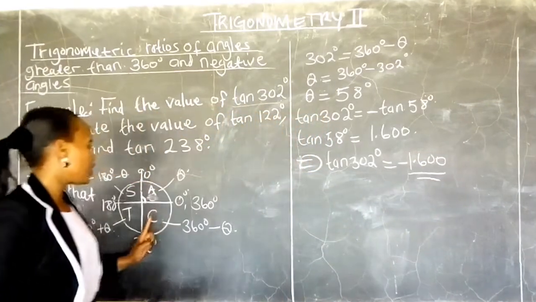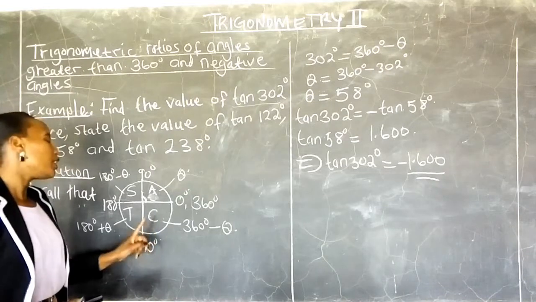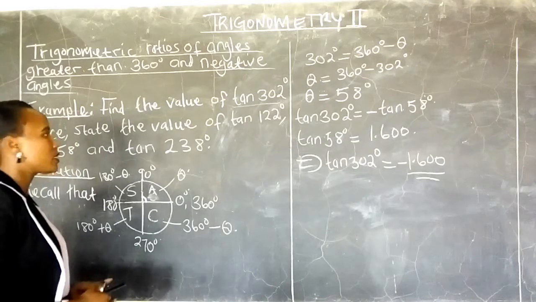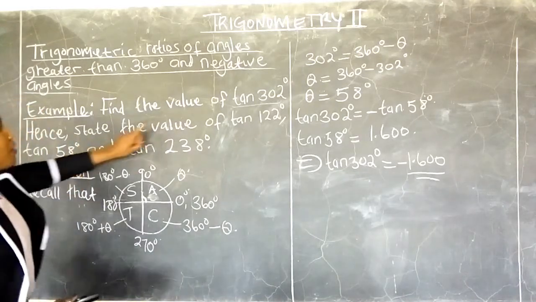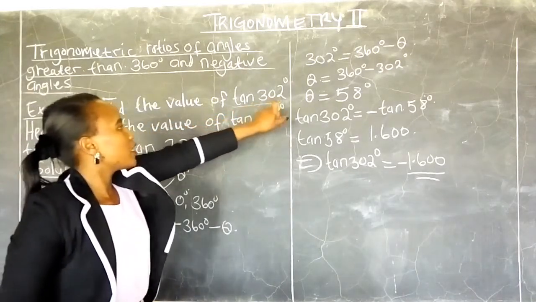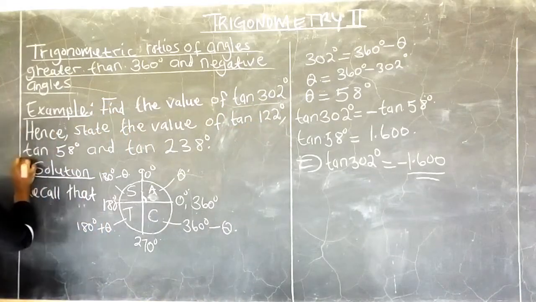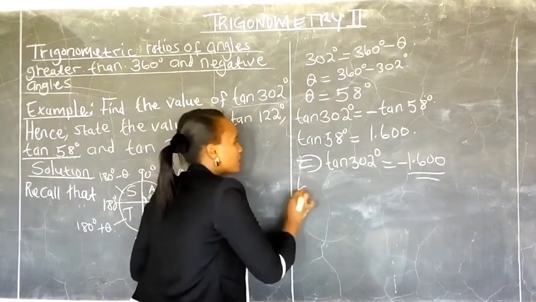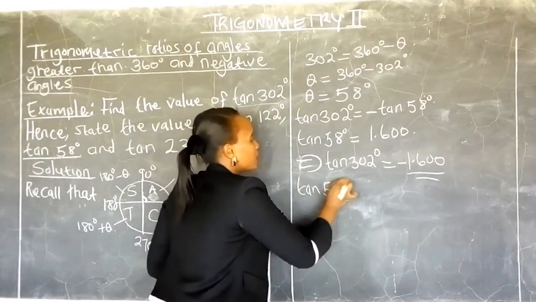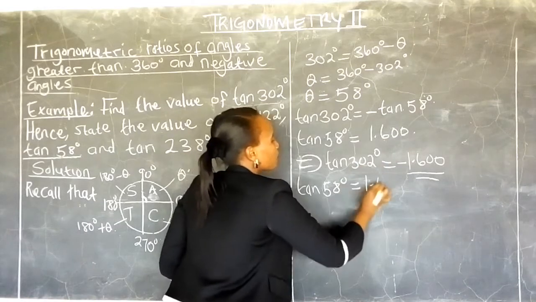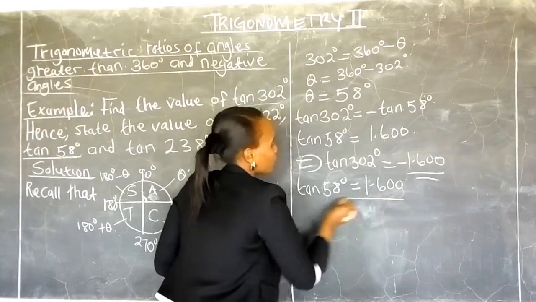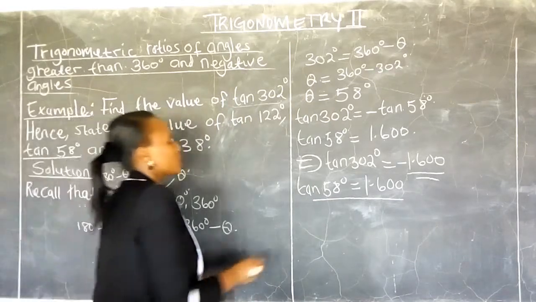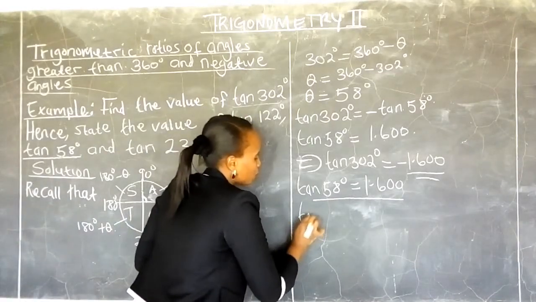Reason being, it is in the fourth quadrant, and only cosine is positive in this quadrant. Now, we have found tan of 302, and our question is also asking us to find tan 58. So we already have that. Tan 58 degrees is equal to 1.600.